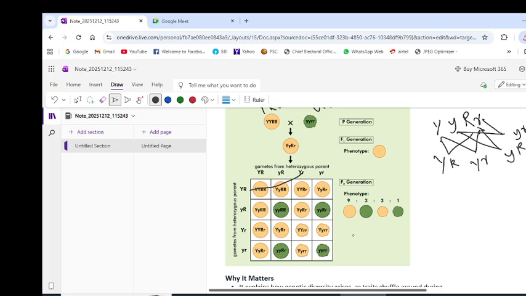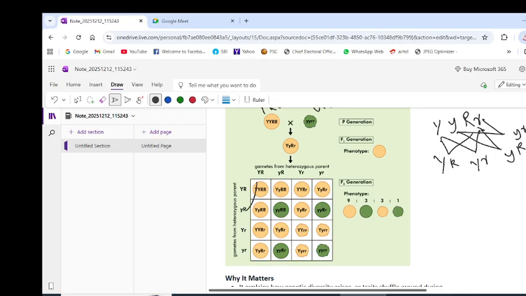Why is that? Because round is the dominant character, masking the wrinkled. And again, when these two types of genes come together, it is again yellow round, because the dominant characters mask the recessive genes.